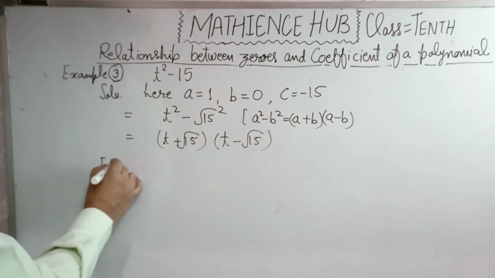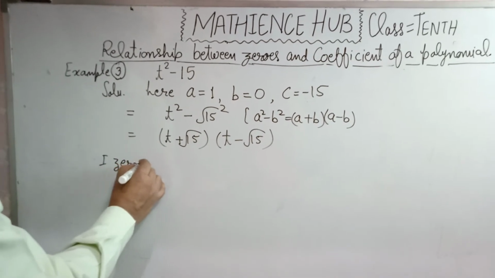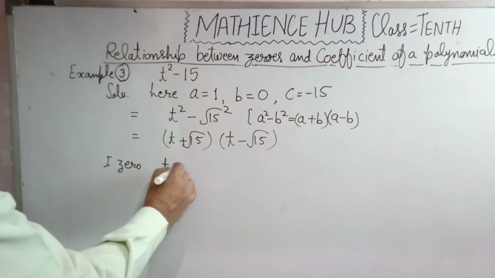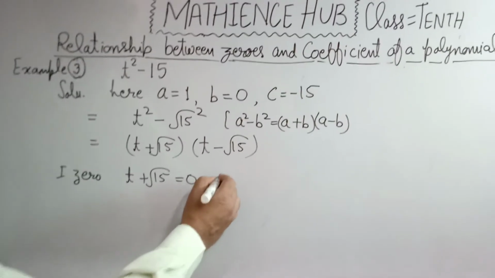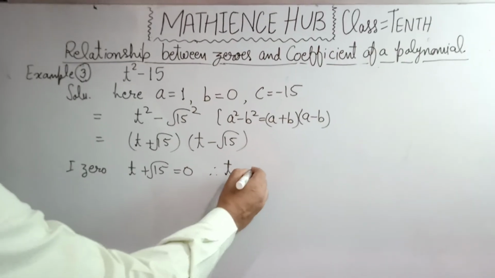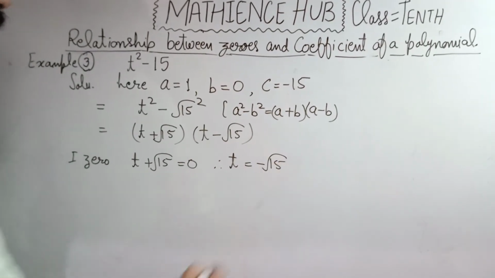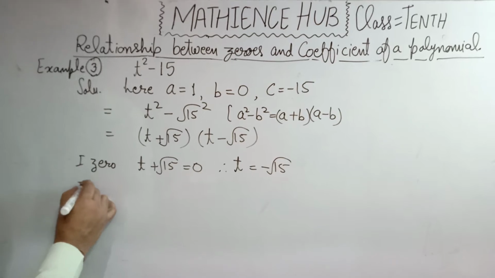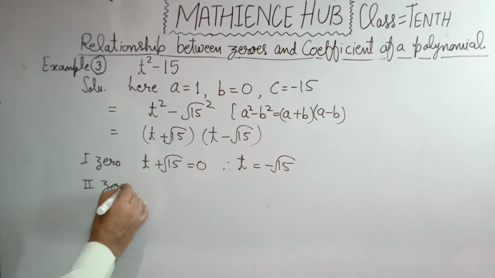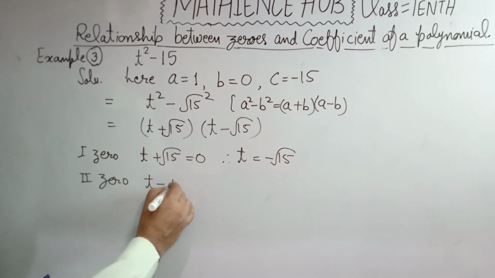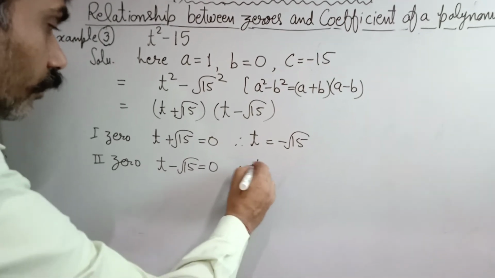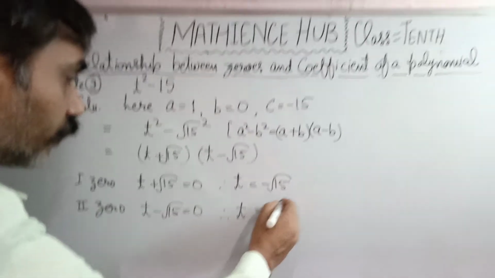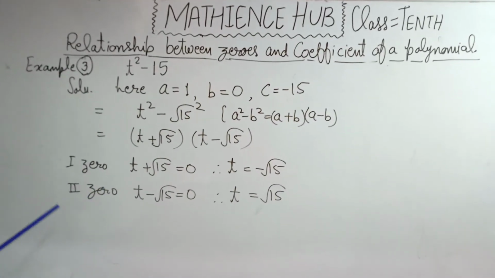Now we find the zeros. The first zero: t plus root 15 equals 0. Therefore t equals minus root 15 is the first zero. Second zero: t minus root 15 equals 0. t equals root 15 is the second zero.